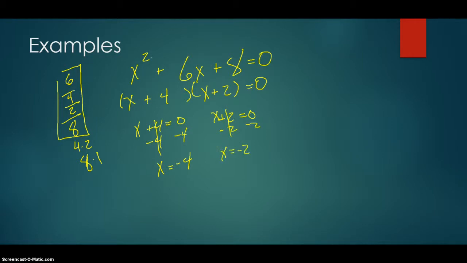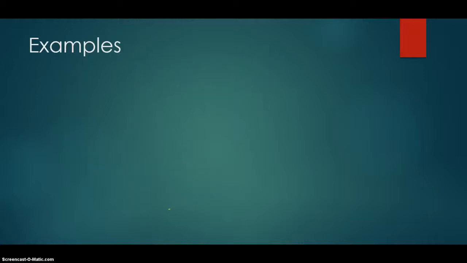Since I have a degree of 2, I usually have 2 answers, and in this case I do, and we can leave it like that, or we can write it another way. We can say that the solution set to this equation is negative 4 and negative 2 using brackets. We're going to do one more example, and then I'm going to prove to you that those in fact are the solutions to the equation.